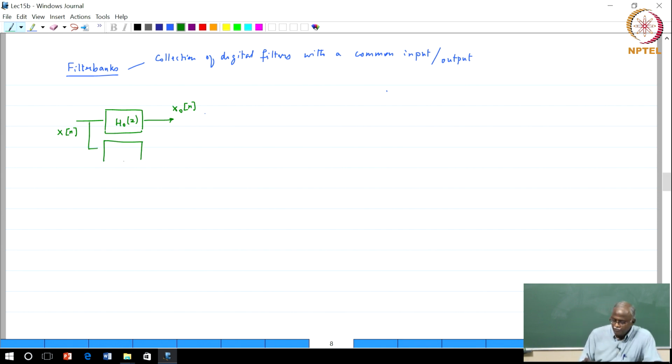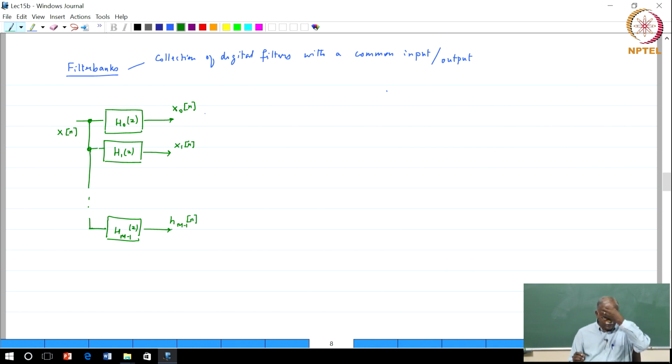Then you may take the same signal, pass it through a band pass filter H1(z), giving you x1(n). You want to see what the signal components are in the different frequency bands, and likewise you may go all the way to a high pass filter H(M-1)(z), giving you x(M-1)(n).